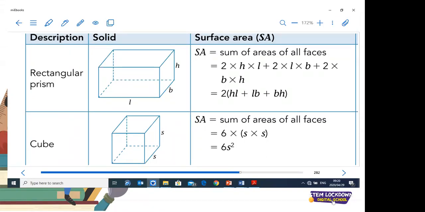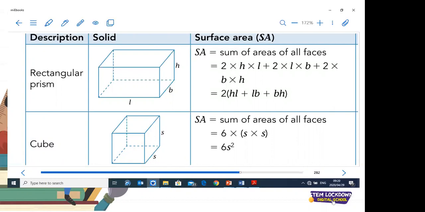The area will be different because for the top one, you multiply the length and the breadth, and for the right-hand side one, you multiply the breadth and the height. And of course, for the front one, you multiply the length and the height.